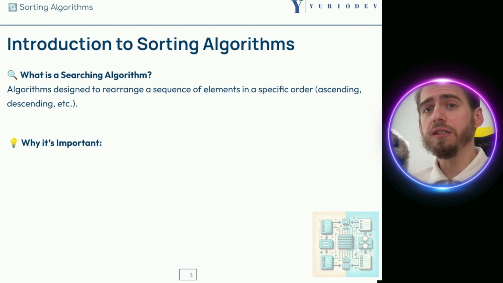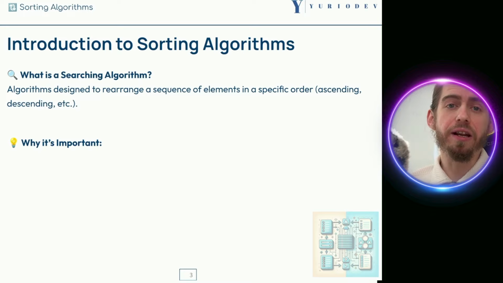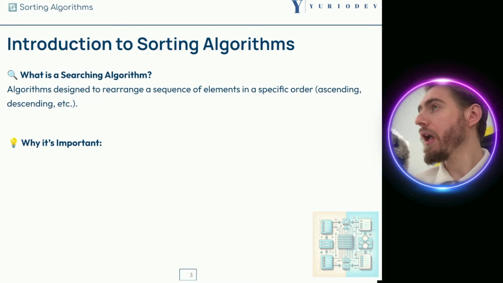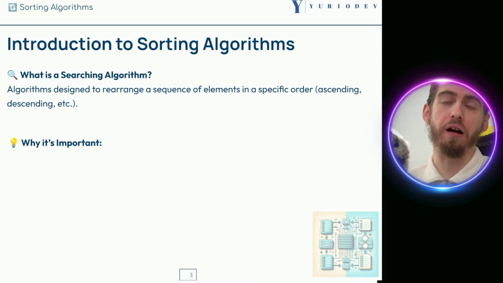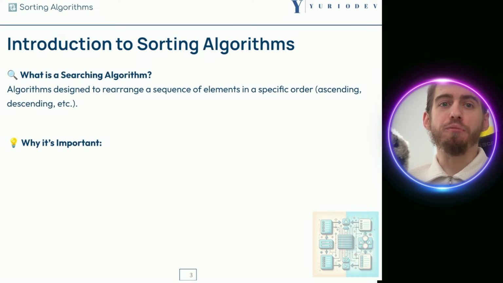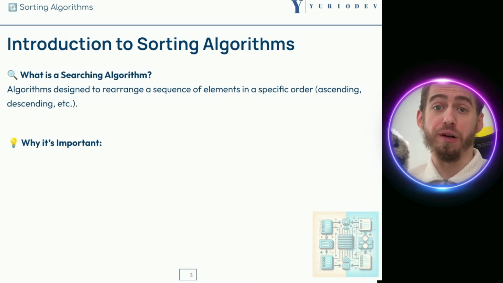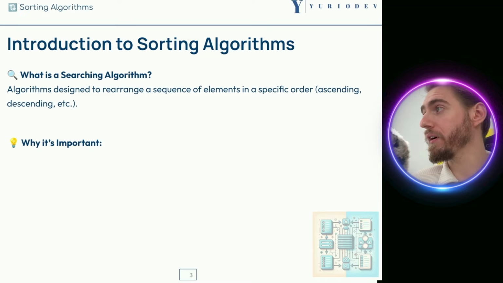They are algorithms that help us to rearrange our data, to sort it in some specific way, basically rearranging elements in a sequence in either ascending or descending order. Sometimes there are other orders. For example, when we talk about more complicated problems, we can sort a list of words by length, from the longest to the shortest or the other way around.